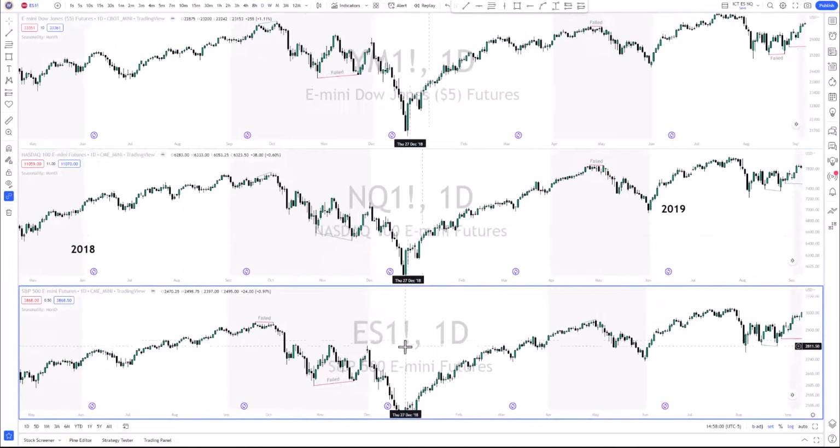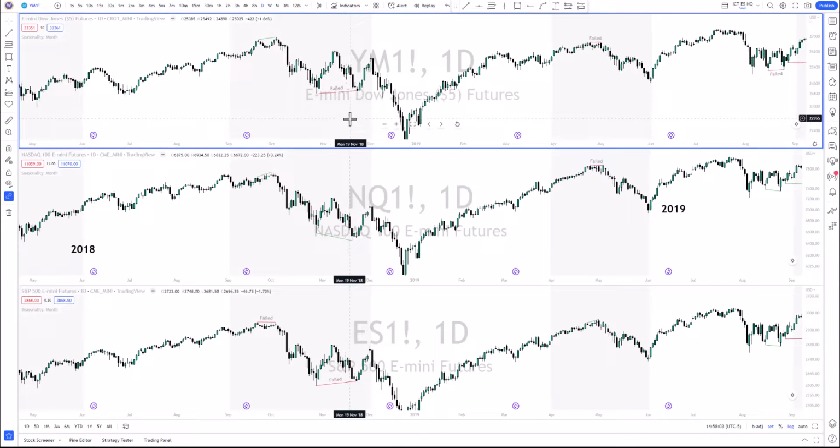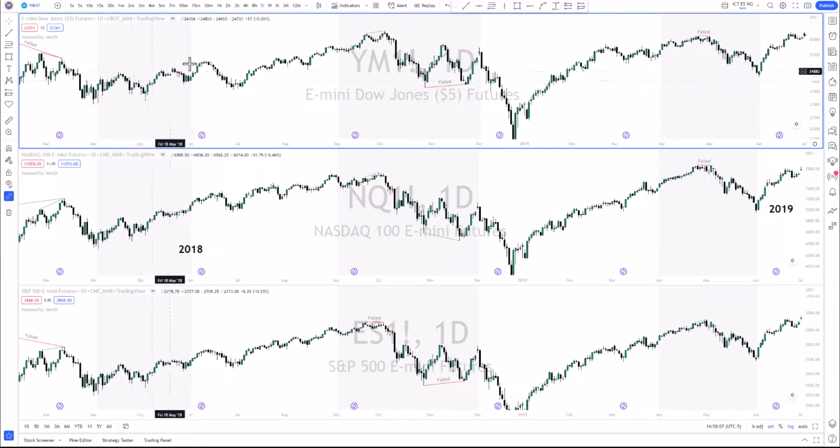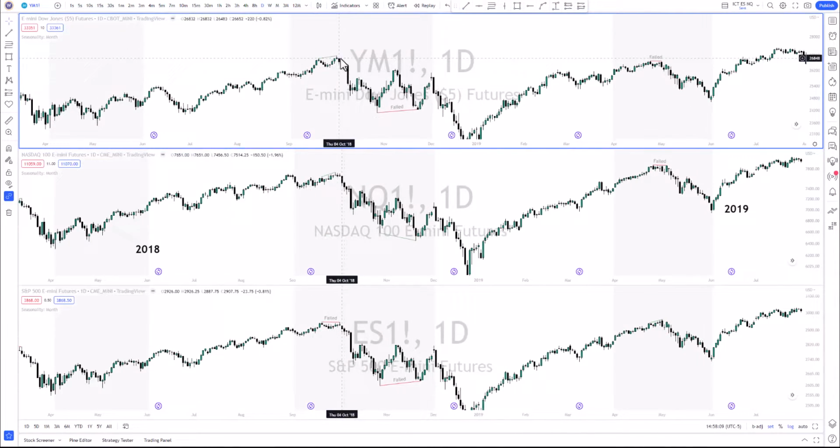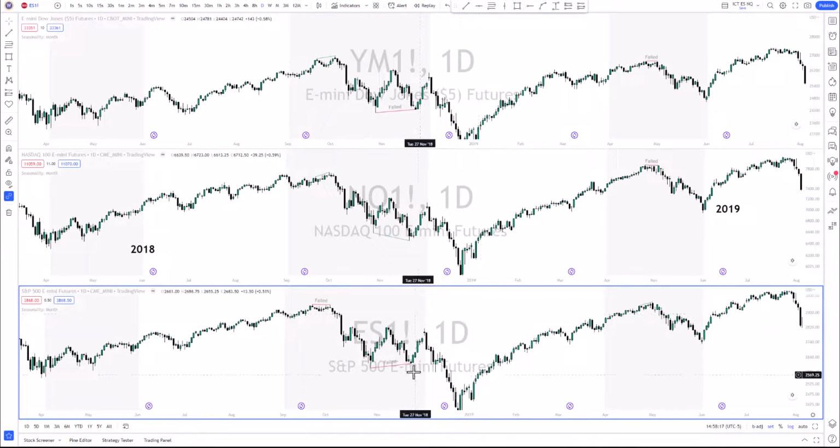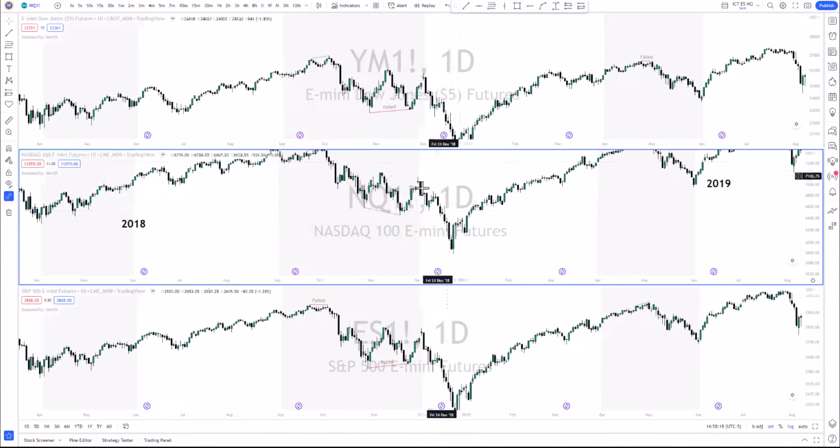In the fall of 2018, since we didn't have anything in the spring, I was just looking for a nice movement lower. So we failed to make a higher high in the ES, and then had a nice run lower. And then here I was looking for something in this time frame, but we failed to make a lower low, had a movement up.